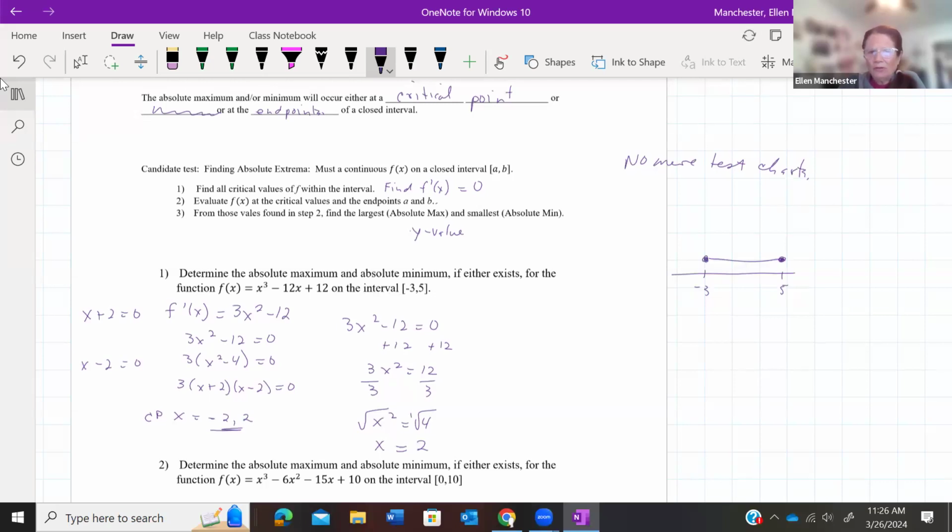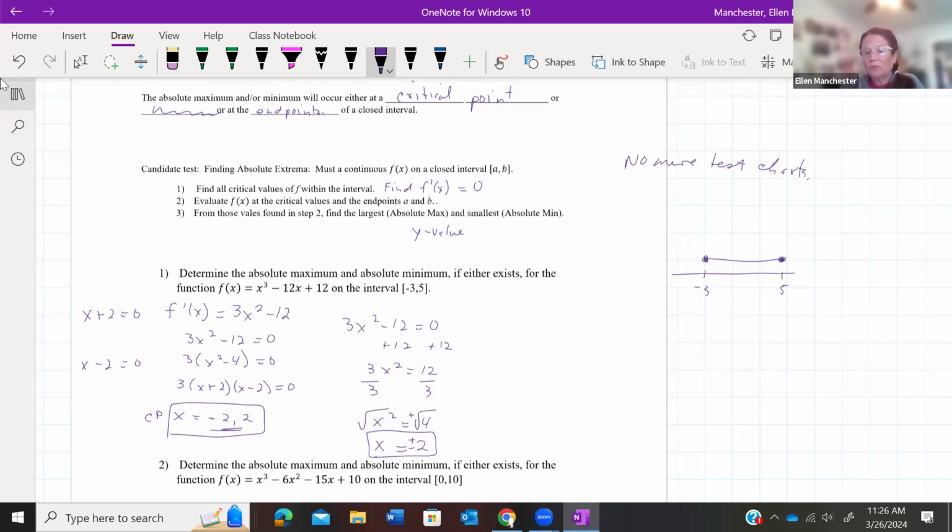Anytime you square root, your answer always has to be a positive and a negative version. Remember, when you're square rooting, you're asking what number multiplied together gives 4. Well, +2 times +2 equals 4, but also -2 times -2 equals 4. So you will always have two answers. If you factor, it gives you the two answers. If you square root it, you have to remember that there are two answers.